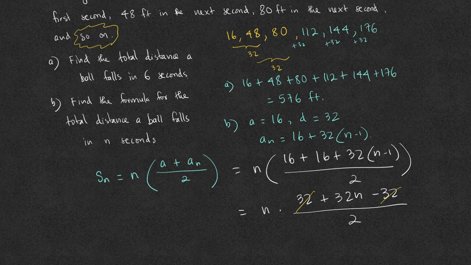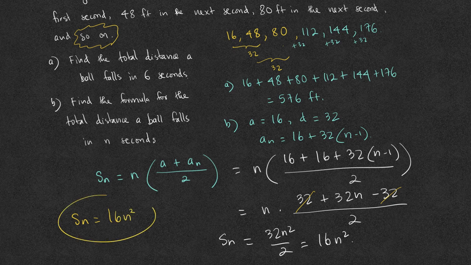And so we have 32n divided by 2, or 16n. n times n is n squared. 32n squared over 2 is 16n squared. And so the total distance the ball falls in n seconds is simply S sub n equals 16n squared. The unit is in feet.